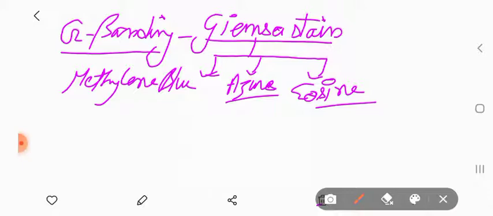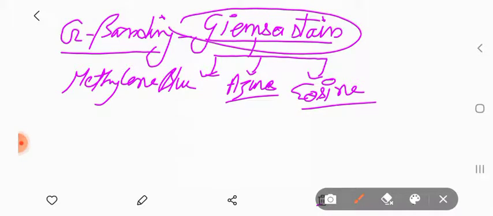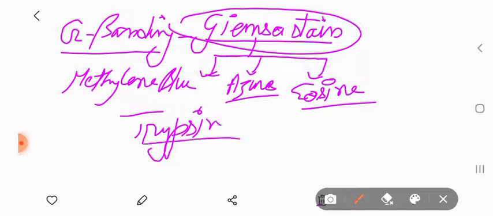So in G banding, we use Giemsa staining, and it is most commonly used in North America. Metaphase chromosomes are first treated with some proteolytic enzyme before you use the Giemsa stain. For example, they are treated with trypsin, which is an enzyme that will degrade protein, before the chromosomes are stained with Giemsa.